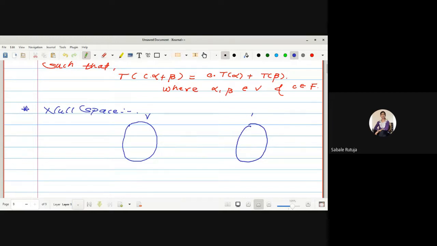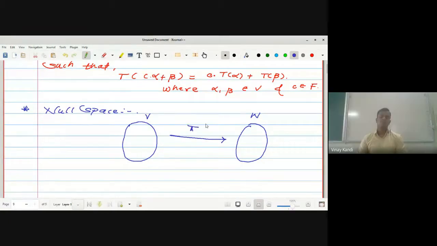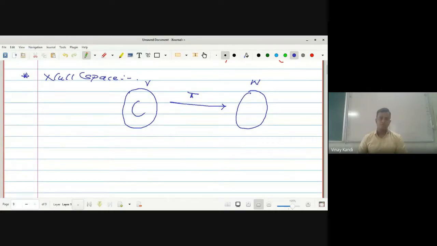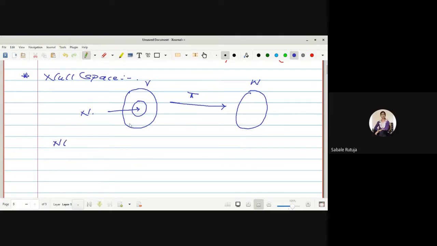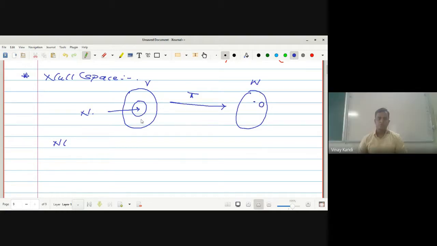Okay, this is the vector space W, and suppose T is this transformation from V to W. Suppose this is N. It is the null space of T. By the definition of null space, the null vectors in space V which map to 0 in W. Suppose this is the zero vector in W. So take the collection of those vectors of V which map to the zero vector in the codomain.